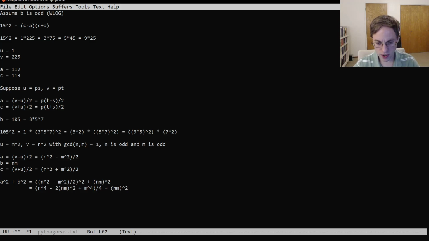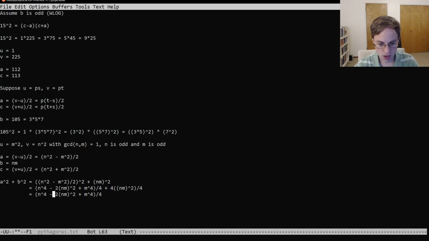And we want to combine this term with this expression here, and so we're going to multiply that by 4 and also divide it by 4. And so now you see if we combine these two, we get our same expression here, except for this middle term we have minus 2 n squared m squared plus 4 n squared m squared.